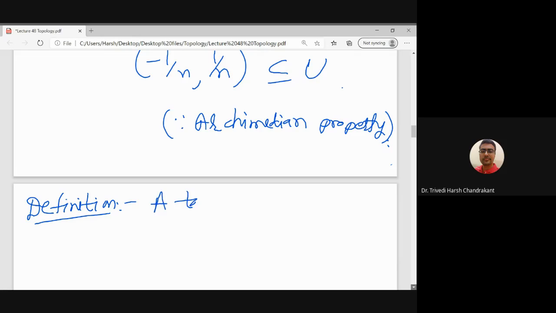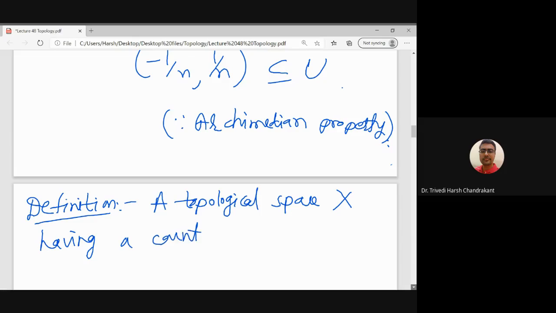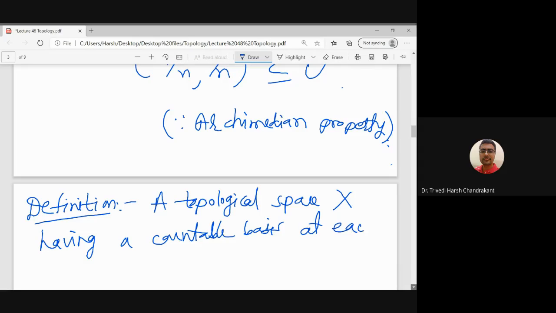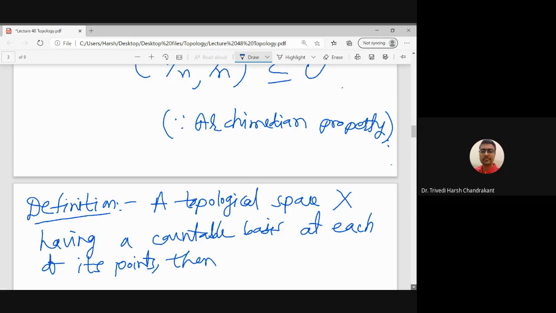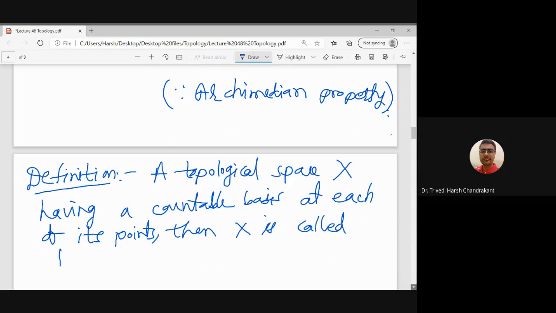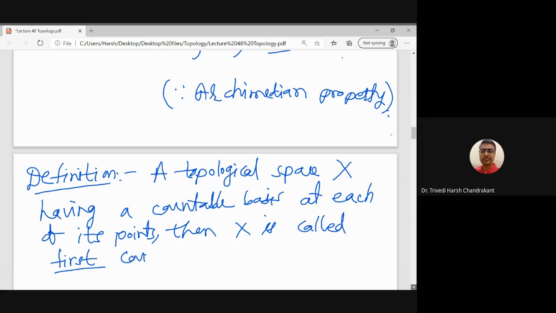So a topological space X having a countable basis at each of its points, then X is called a first countable topological space.